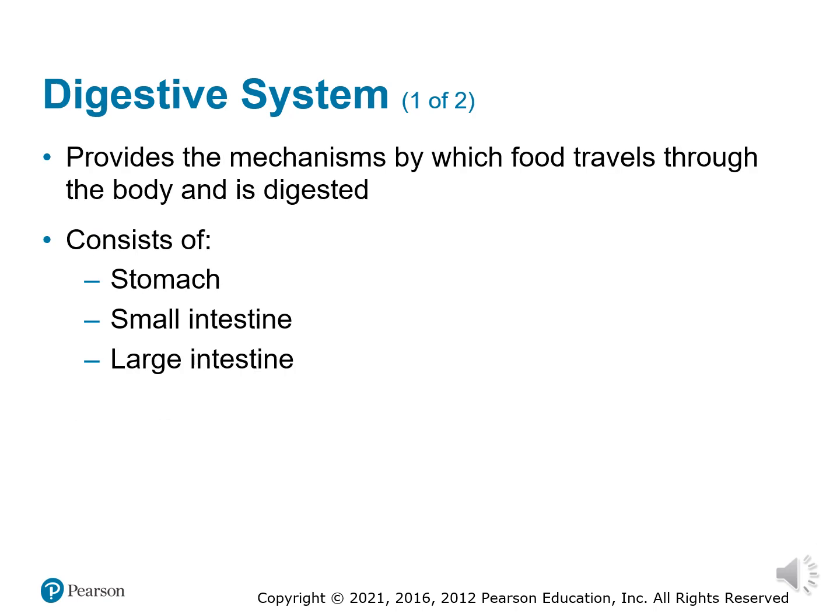Onto the digestive system, which provides the mechanisms by which food travels through the body and is digested or broken down into absorbable forms. So the food enters the mouth and is broken down by saliva and by chewing. And then the food passes from the mouth through the oropharynx and into the esophagus, where it is then transported to the stomach.